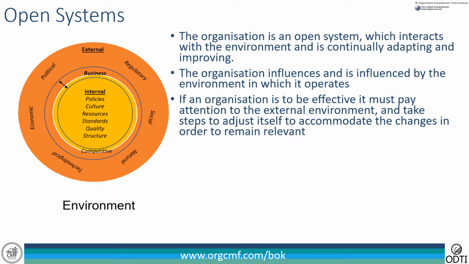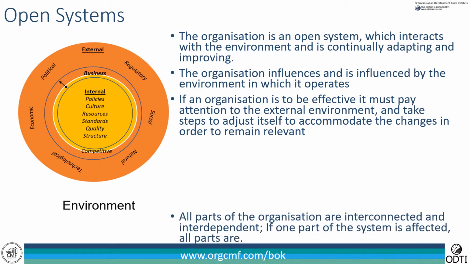Because the subsystems and elements in an organization are interconnected and interdependent, if one part of the organization is impacted by an external environment change, or if one part initiates a change internally, this will generally have an impact on other parts of the organization and the system overall.